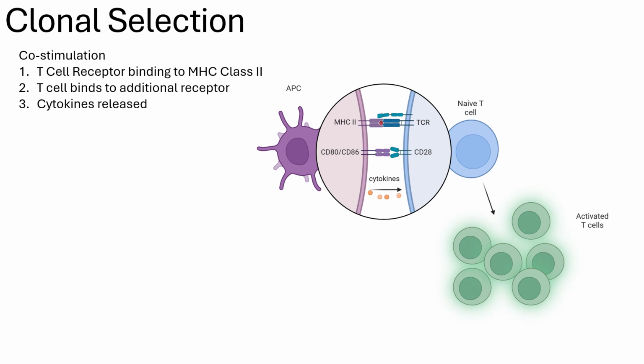The APC will secrete cytokines that further activate the naive T cell. Different combinations of these cytokines can influence T cells to differentiate into very specific effector T cell subtypes that produce very specific cytokines. Once the T cell makes sure that it should go ahead and clone itself, it does.